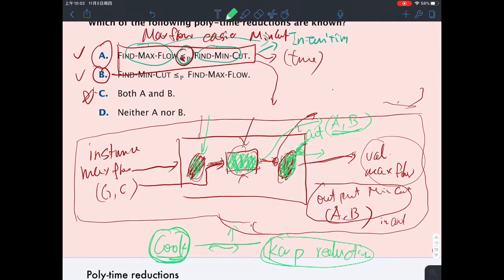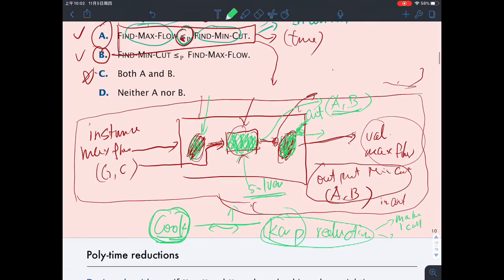But the Karp reduction, which is not mentioned in this slide, is a little bit more strict. It has two key differences. The first key difference is that we can only make one call to the solver.